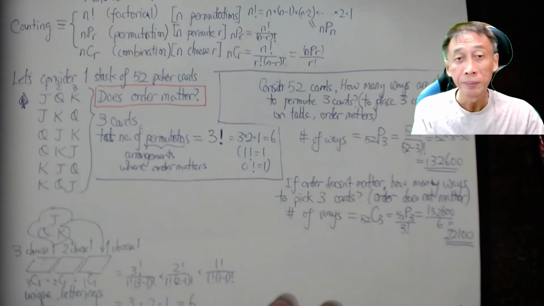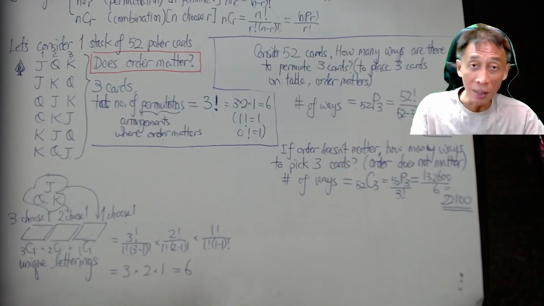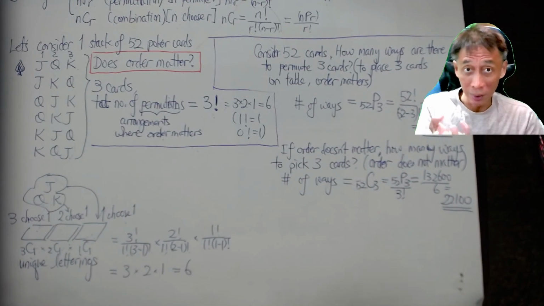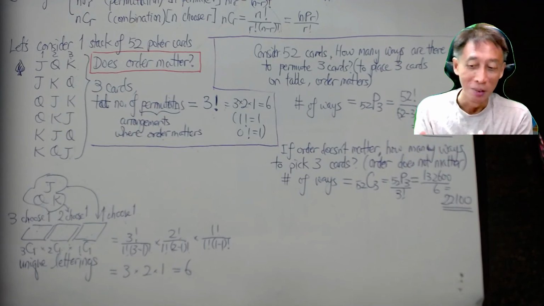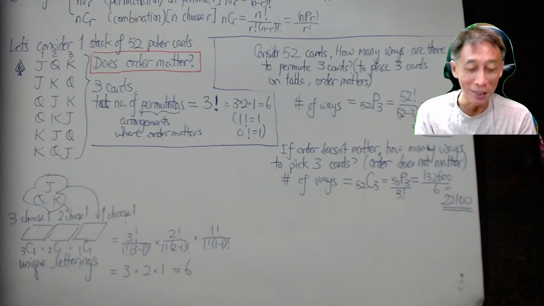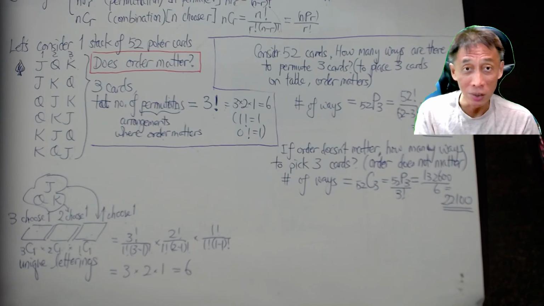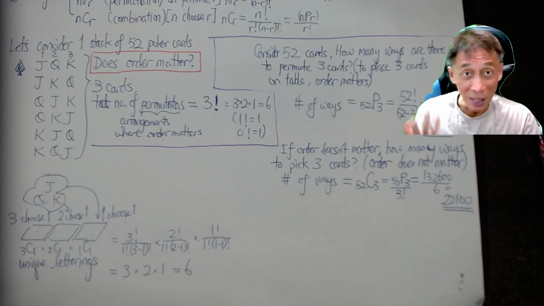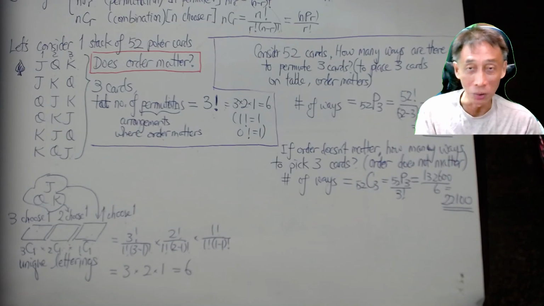Did you get this? Okay, so you can see that if the order doesn't matter, then it's just your hand, right? Your handful of cards, the 3 cards in your hand. You can shuffle them, put the last one on top and whatnot. A lot of combinations will have been eliminated, because it's the same hand. So it doesn't matter whether it's JQK or QJK.